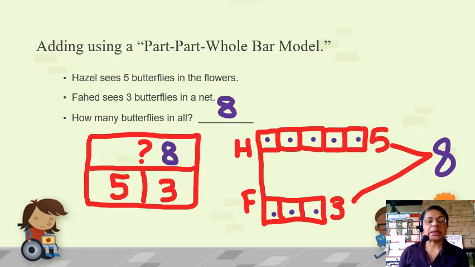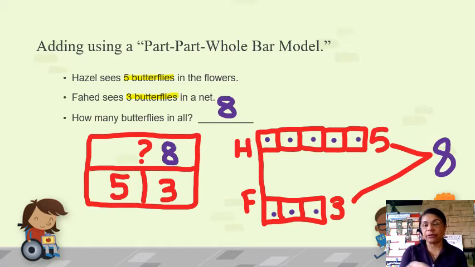Hazel sees 5 butterflies in the flowers. 5 butterflies, right there. Fahad sees 3 butterflies in a net. How many butterflies in all?